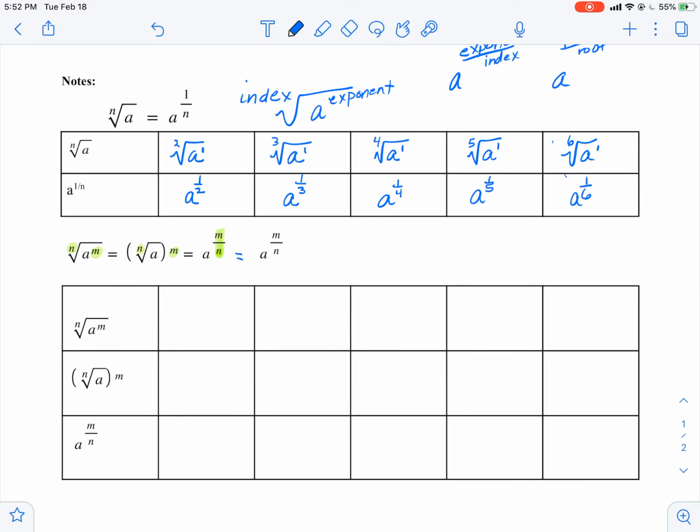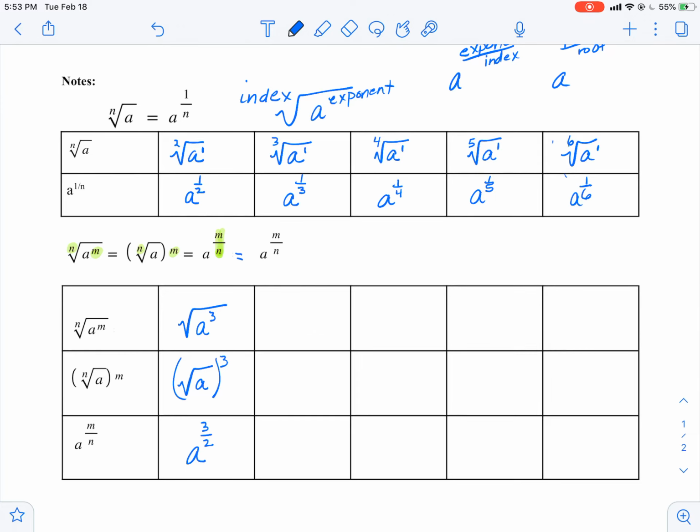So an example would be that if I have, let's say, the square root of a cubed, then I could also write it as the square root of a cubed this way. Or I could write it as a to the 3 over 2.